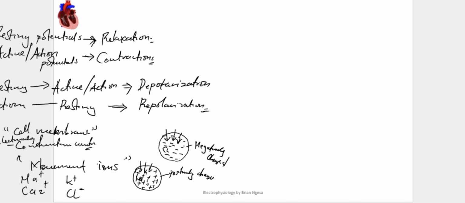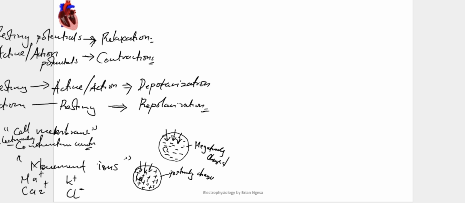So the electrical state, the way you are seeing so far, can be dependent on the distribution of these ions. Which ions does the cell have in great quantity? Are they negative ions? Are they positive ions? So that is likely to influence the charge of the cell. And we are saying that is possible because of the cell membrane.